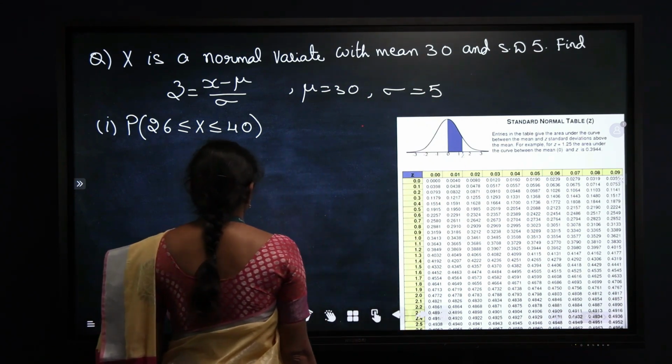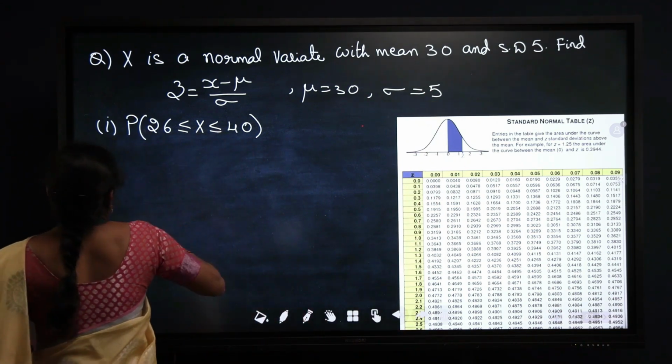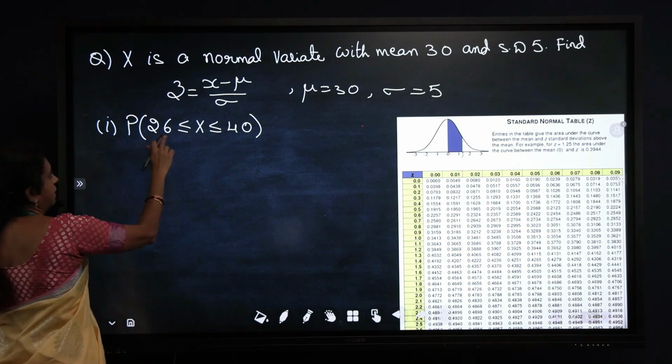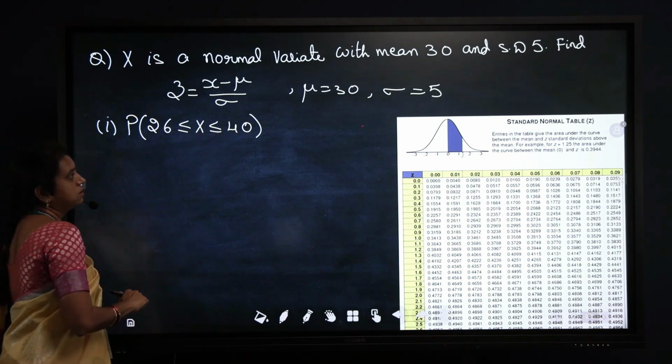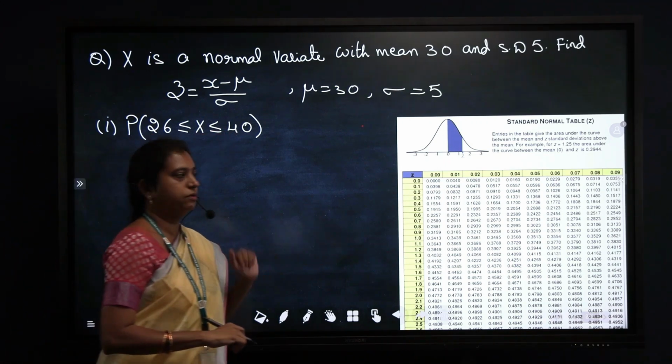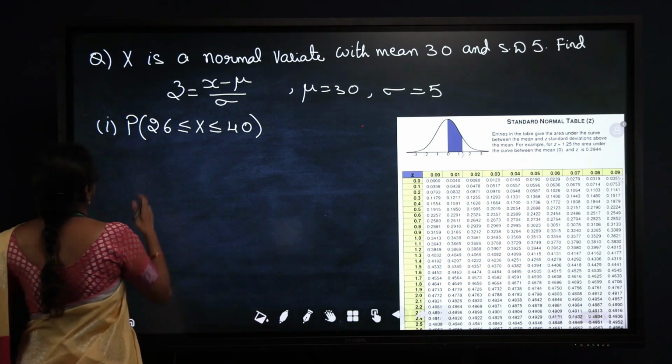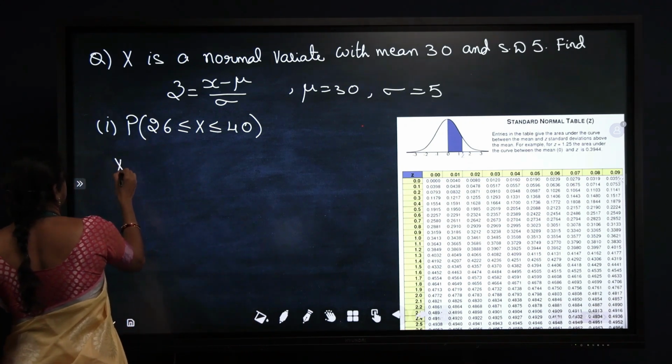Now using these values we'll first find out z values for these corresponding x values, then we'll use the normal tables and find out the value. First I'll take x1 as 26.